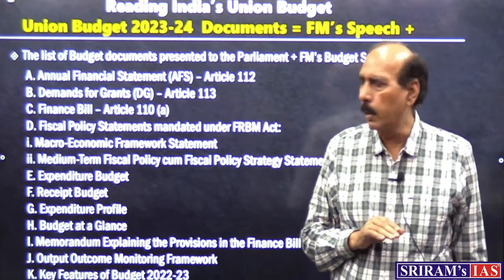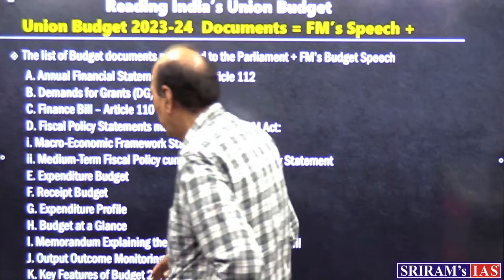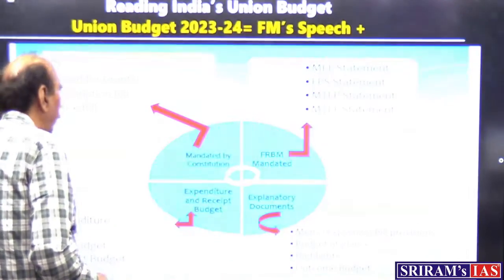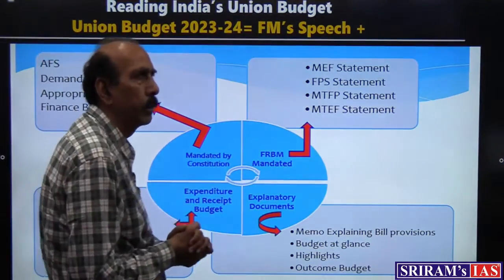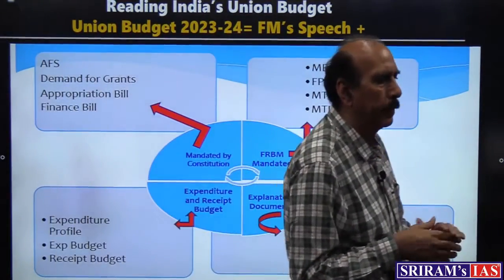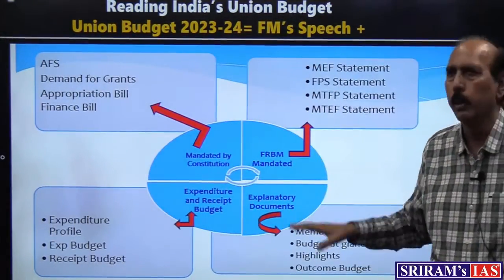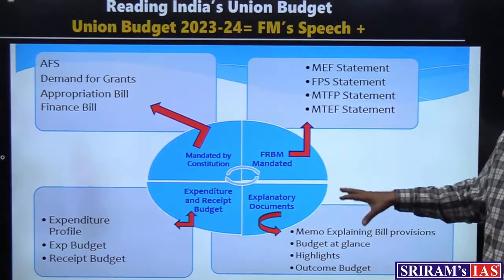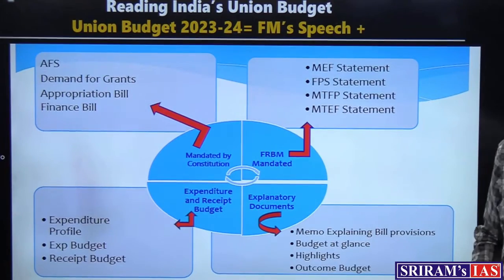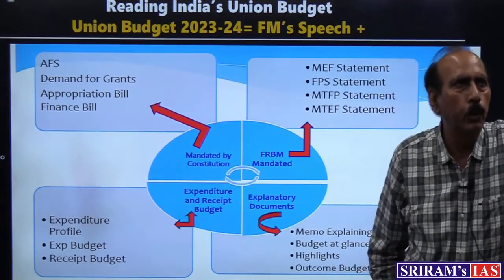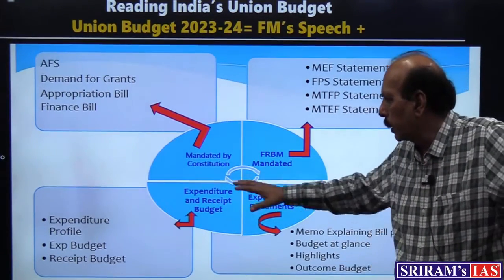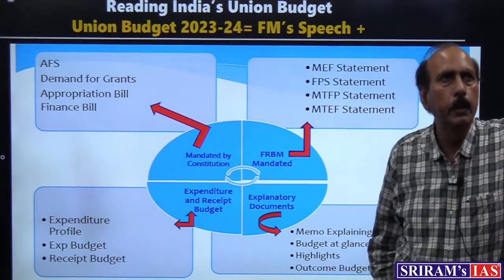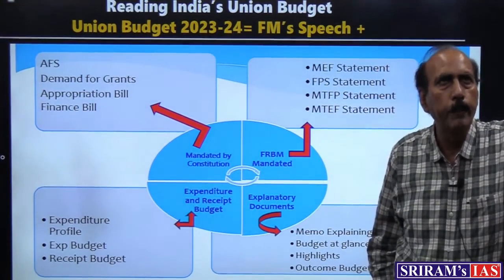If you look at the document in the form of this diagram, it is very easy to understand. As I said, the documents placed along with the FM's speech can be classified under four categories. One category is the documents as mandated by the Constitution of India.